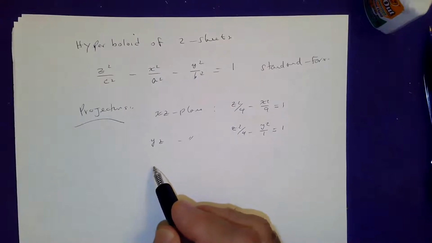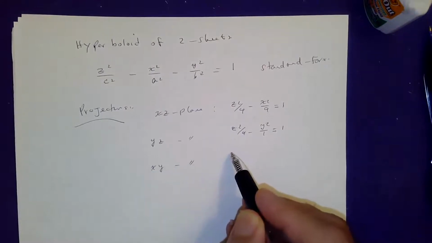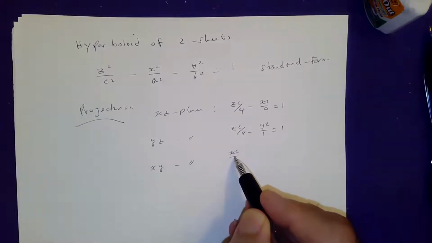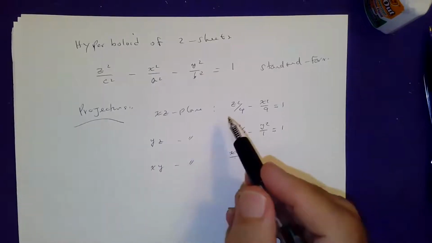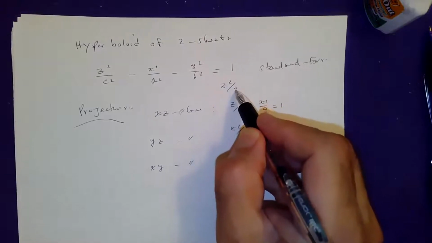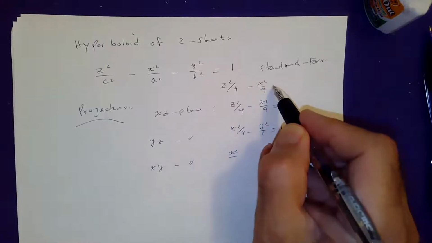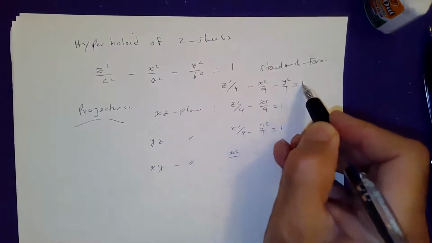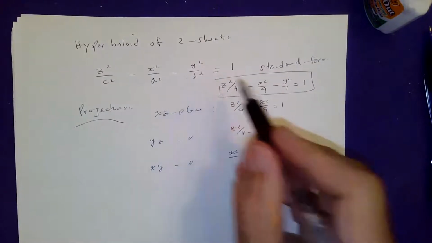And then on the xy plane, I would have x squared over, what was the equation? Oh, I'm sorry, didn't I give you the equation? My apologies. The equation is z squared over 4 minus x squared over 9 minus y squared over 1 equals 1. Sorry, I thought I gave you the equation. That was the general form.